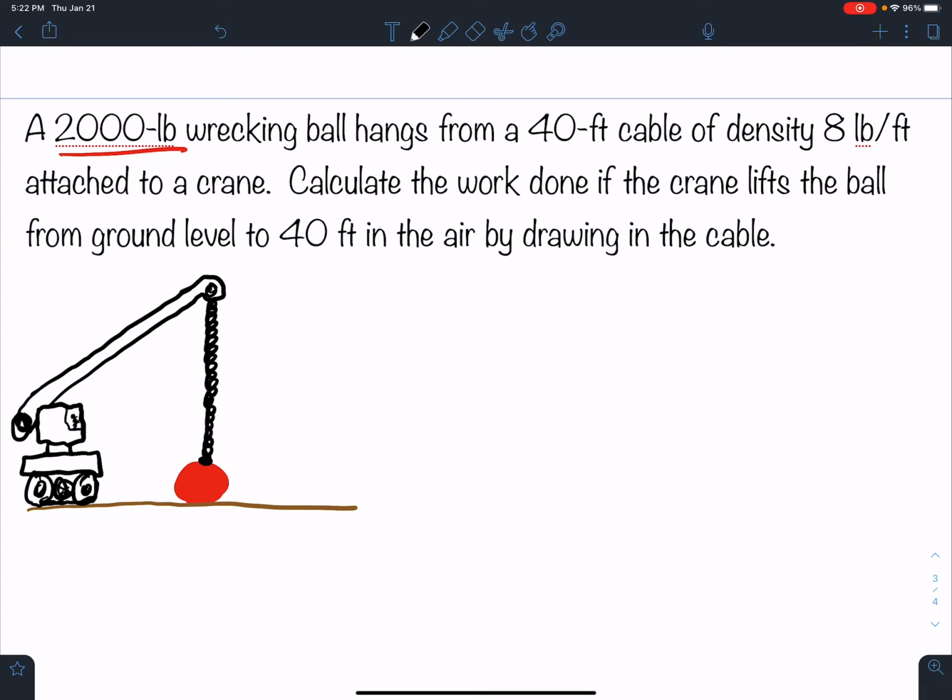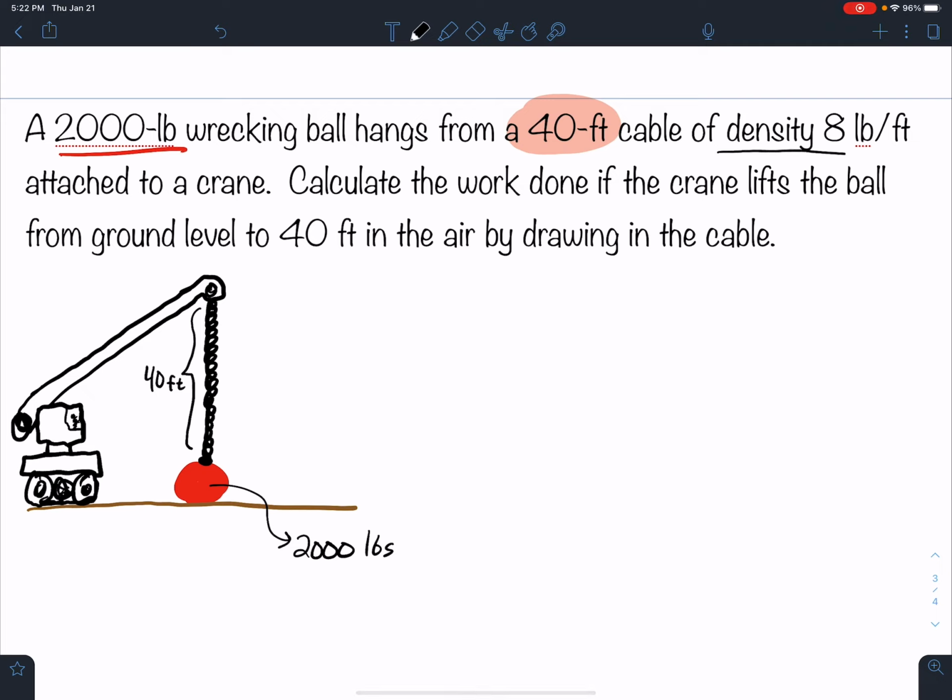All right, so we got our little crane thing going on here. The ball is 2,000 pounds, and it hangs from a 40-foot cable. So the cable is 40 feet long.